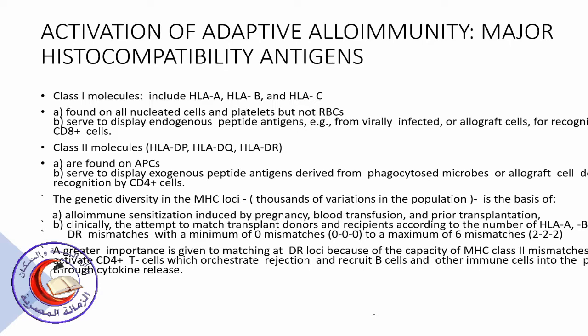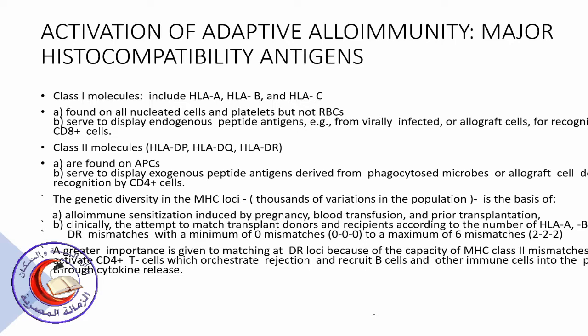And these present these exogenous antigens to CD4 positive T cells. Again, class 2, CD4, 2 by 4, 8. Class 1, CD8, 1 by 8, 8. The product of the multiplication is always 8.